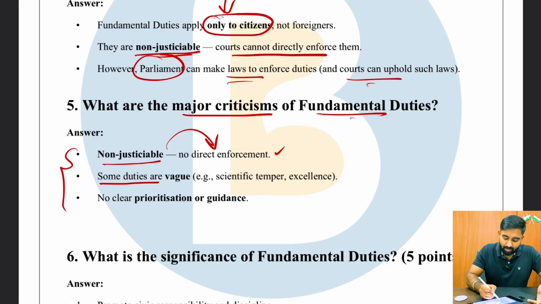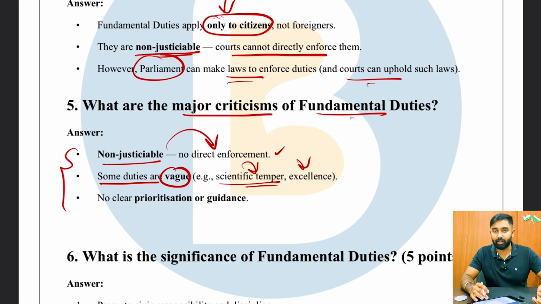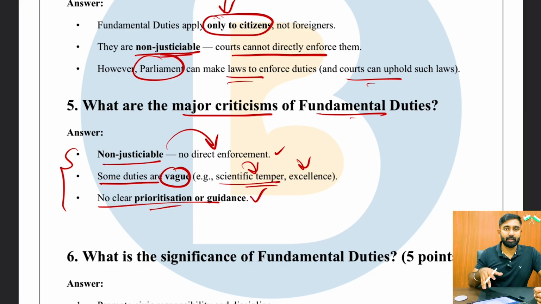Next is, some duties are very vague, right? For example, talking about having scientific temper, excellence, and all of those things. And then no clear prioritization or guidance. So priorities are not made among these duties, and there is no clear guidance as to how the state can ensure that these duties are being followed.